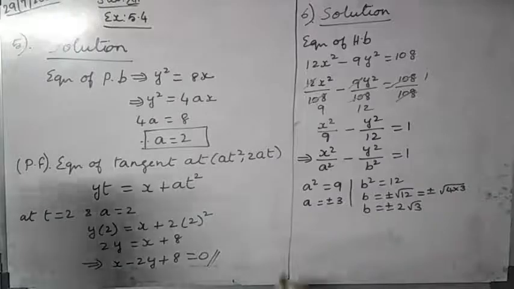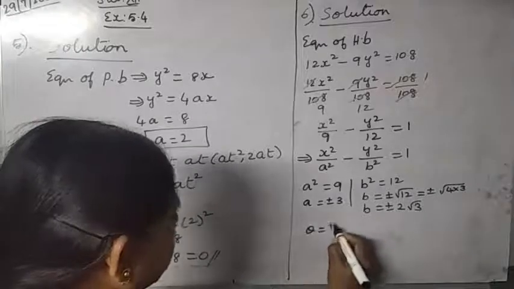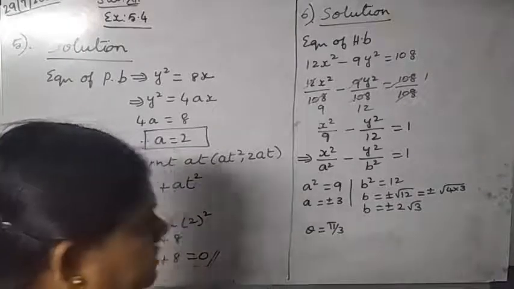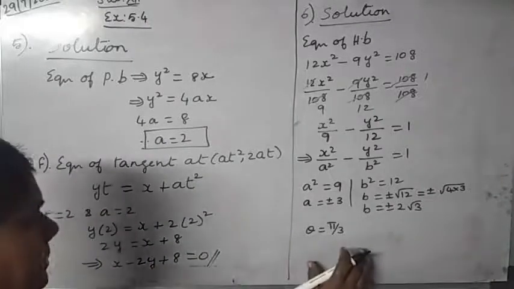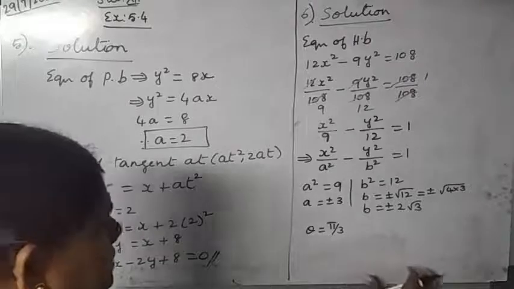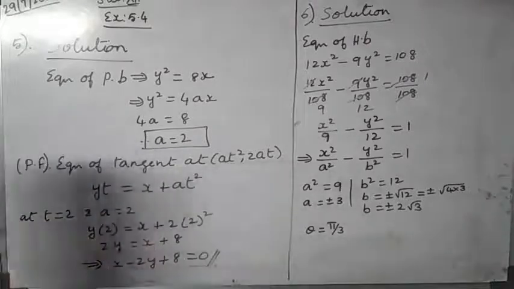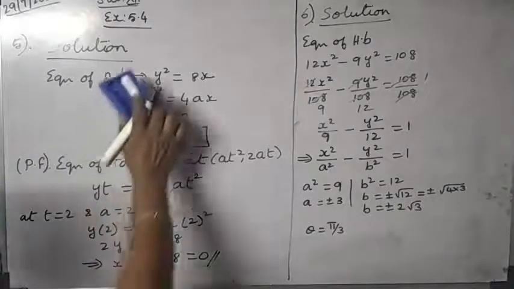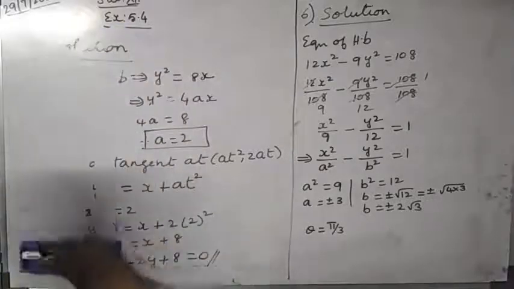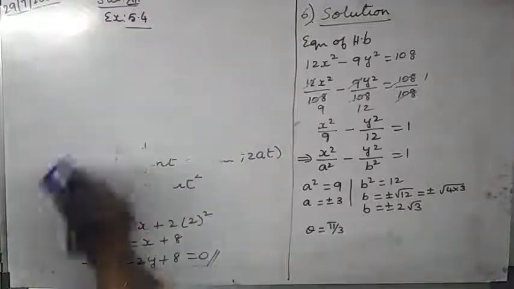Now here at theta is equal to pi by 3, a hint is given, and the hint is use parametric form and solve. See, if you know the parametric form, the equations you can go. Otherwise we can follow this easiest method. Let me do like that. In the fifth sum I told you like that way.